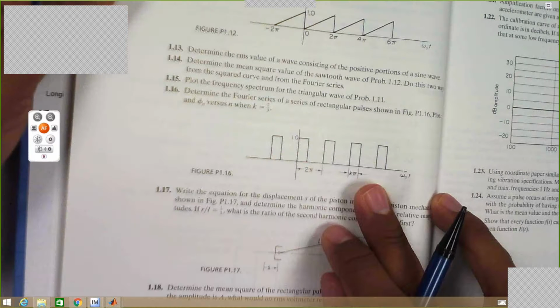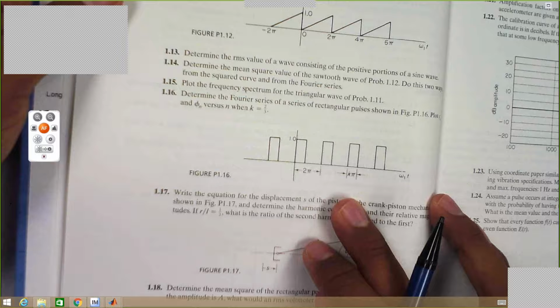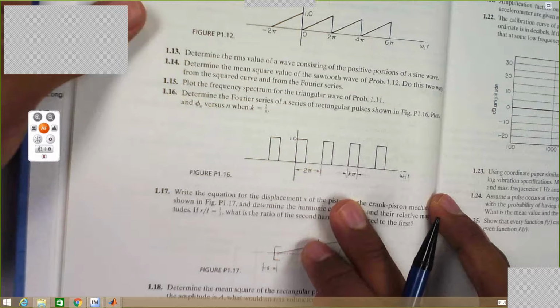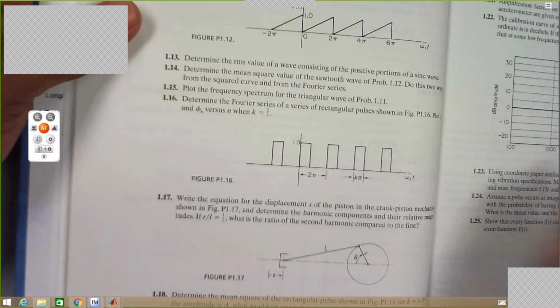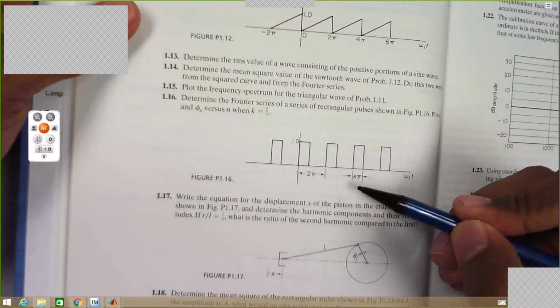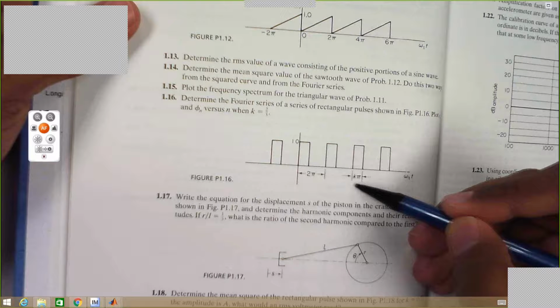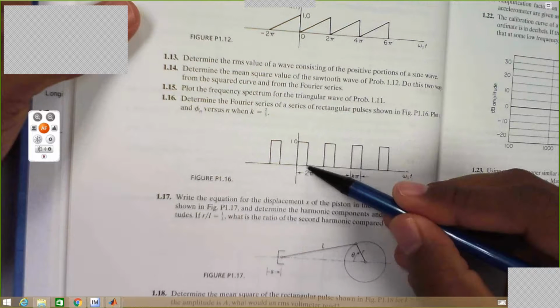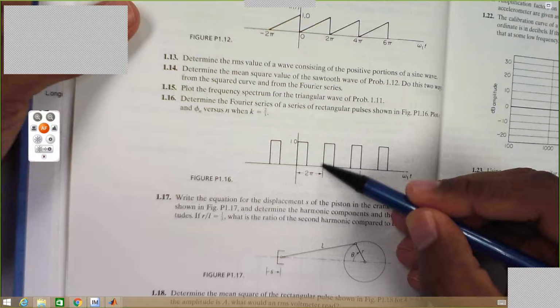Now, what is the period of the signal? Two pi, correct. So it repeats every 2 pi intervals of time. The signal lasts for k times pi, and then there is no signal for the rest of the time until it reaches 2 pi again.